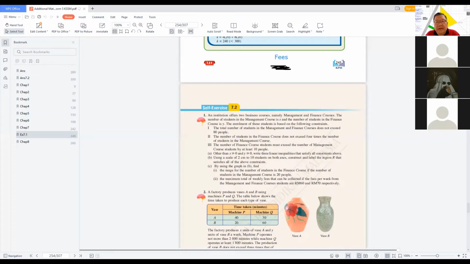And the next line is the total fees collected. So the total fees collected, you have to add these two terms together. So when you add these two terms together, 60X plus 70Y. So this will be the total fees collected.